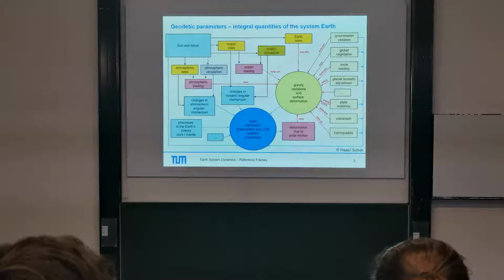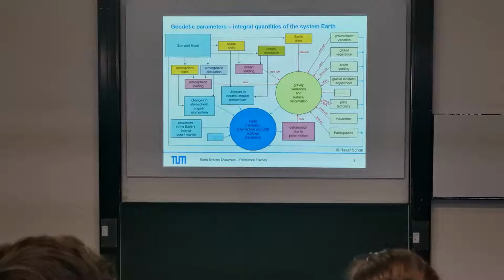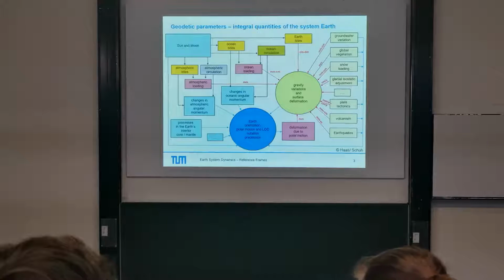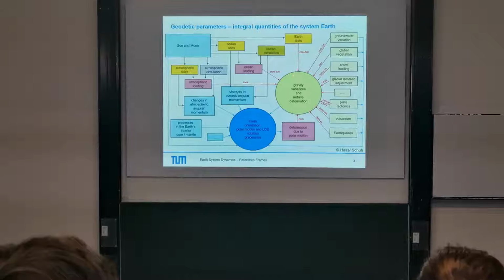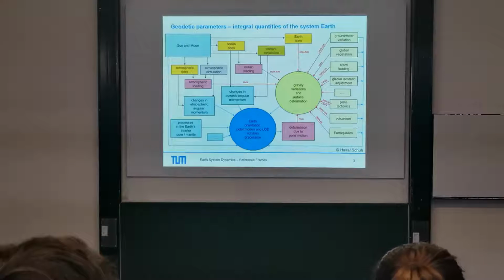And some of you asked me to provide the magnitudes of these effects, and I here focus on the magnitudes of the surface deformations, because they are good to understand in the units.